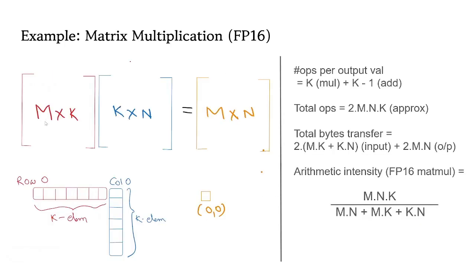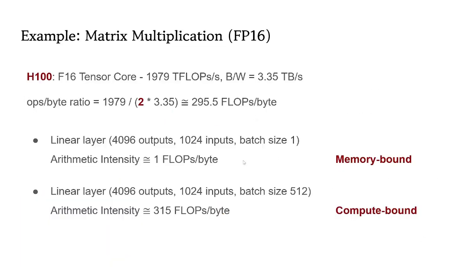In this case, M represents the batch size, K is the input dimension, and N is the output dimension. So finally, I get back the result, batch size times the number of output dimensions. And hence we are memory bound. But if we increase the batch size to 512, then our arithmetic intensity is approximately 315 flops per byte, and we are more than the ops byte ratio, and we are in the compute bound regime.